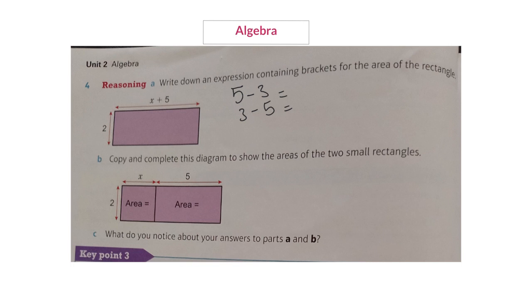Okay, 5 take away 3 is you are taking away 3 from 5. You have 5 things and you're taking away 3 things, that will be 2. But now you have 3 things and you want to take away 5 things. That becomes a little difficult. So usually, you can just know that that will be negative, because you want to take away a big number from a smaller number. Okay, my answer should be negative.